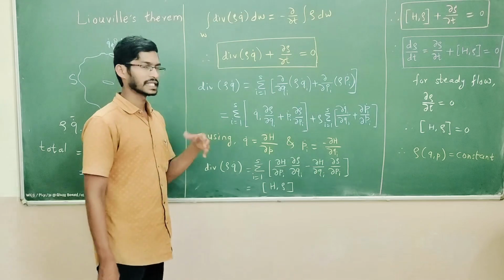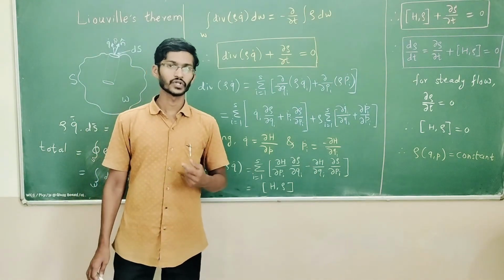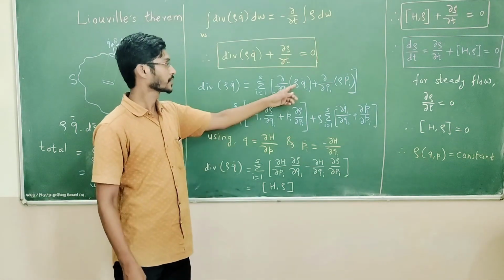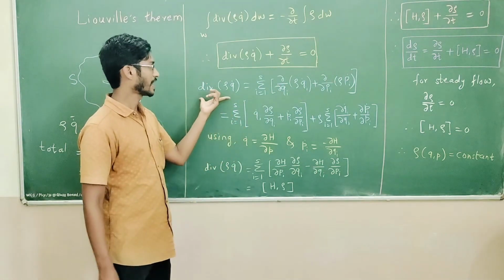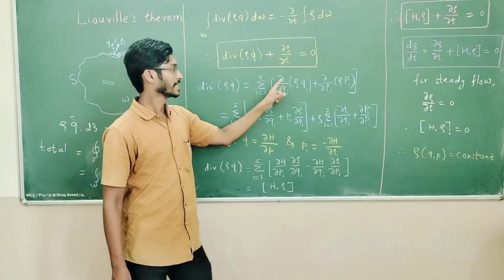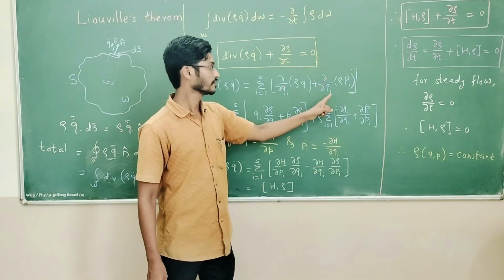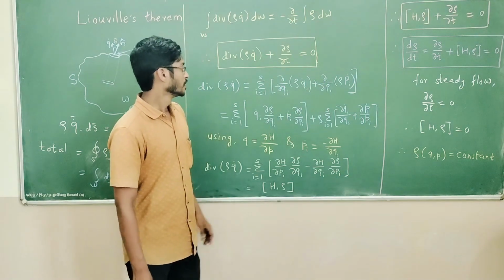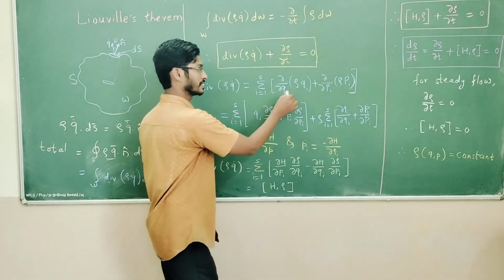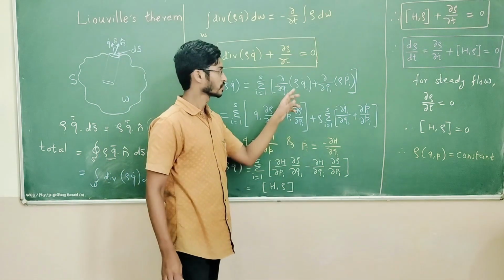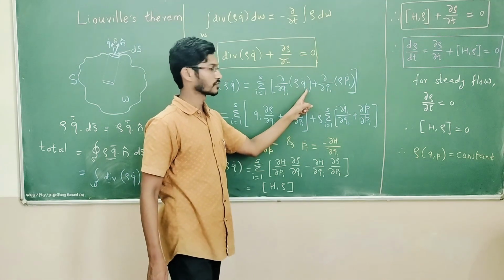Now, as we know, this density or distribution function is a function of q and p. Therefore, we can expand this divergence in derivative with respect to q and derivative with respect to p. If we further expand this, you can see this is the u into v rule. So this is also a function, this is also a function.